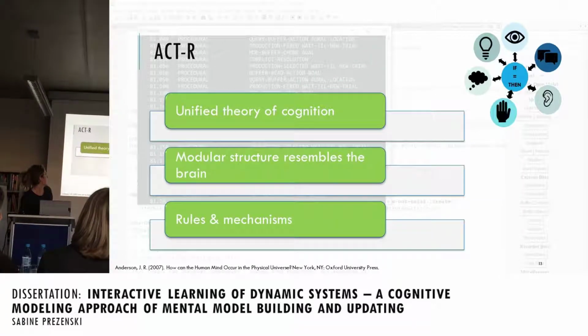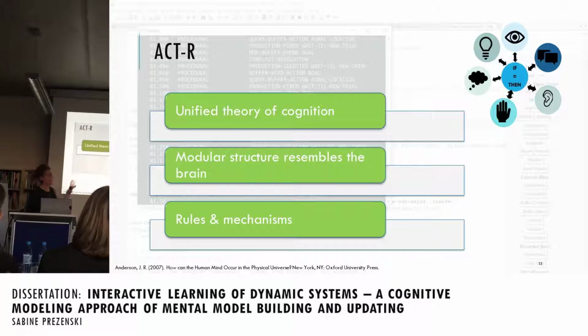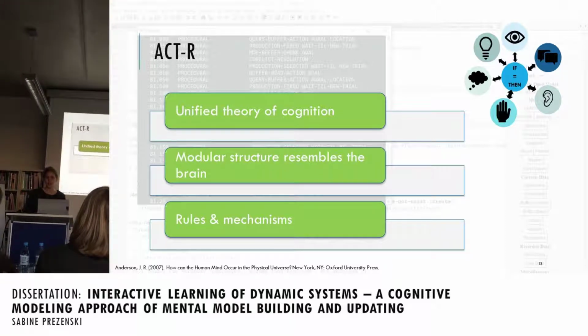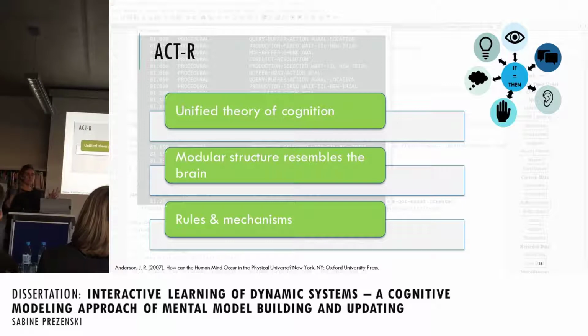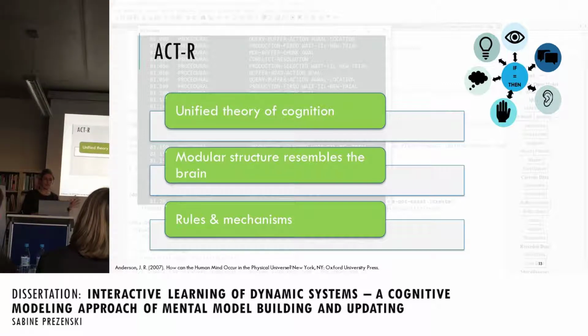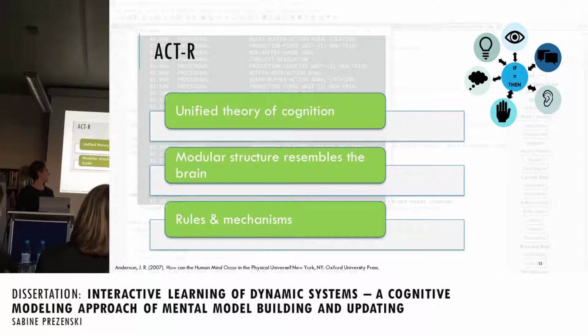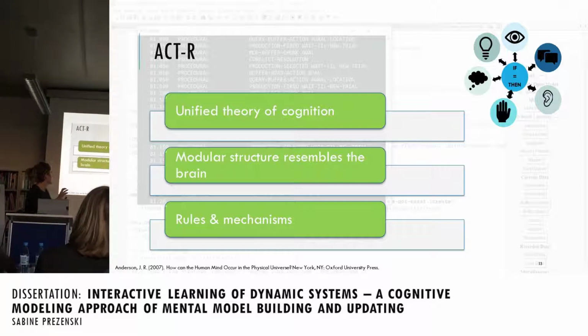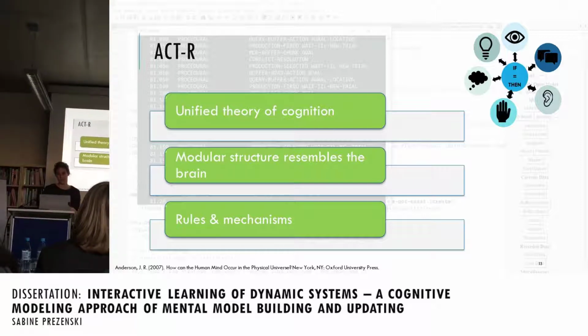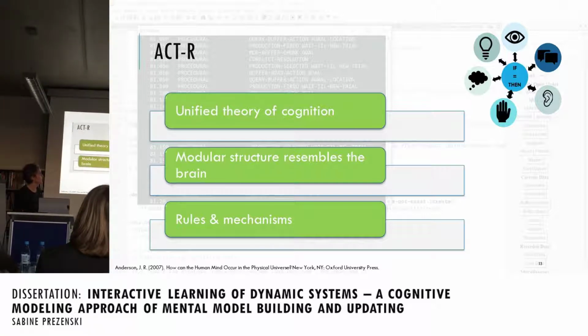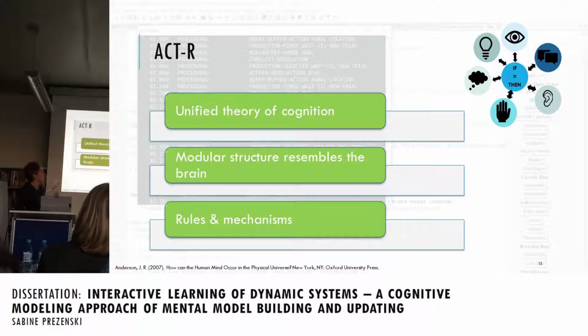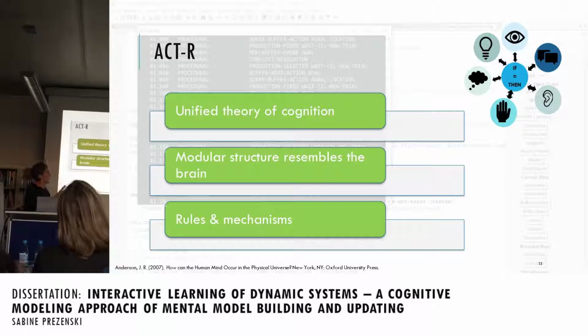Now, what exactly is ACT-R? ACT-R represents the attempt to achieve a unified theory of cognition. This means that findings from different theories of cognition are computationally implemented in ACT-R, and ACT-R also has a modular structure which resembles our brain. If you look at this image, it symbolizes the modular structure of ACT-R.